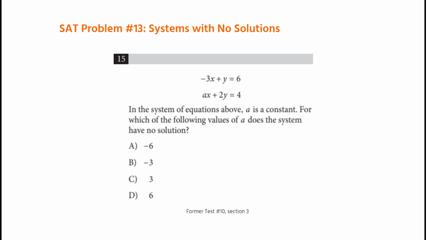So, we have to remember how systems of equations work. We have two linear equations which correspond to two lines on a graph. So let's say we have some graph. There are three options for how these lines could behave. We could have the two lines intersect at some point, which would give us a single solution to the system of equations.